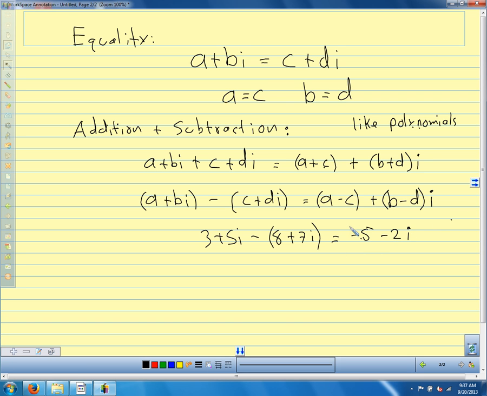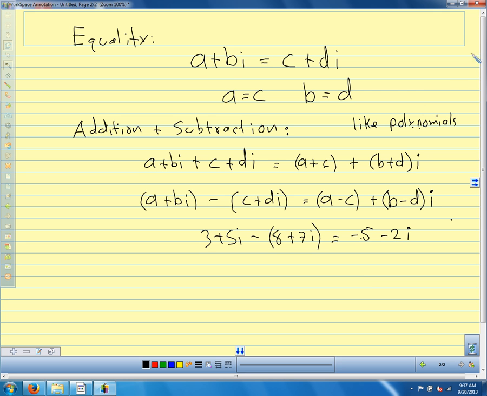We have to remember that the negative sign, the subtraction, goes for the entire quantity for the second part. That's where most people make mistakes on subtraction. But again, it's just like polynomials. So we all good with that? Nothing too earth-shattering here.